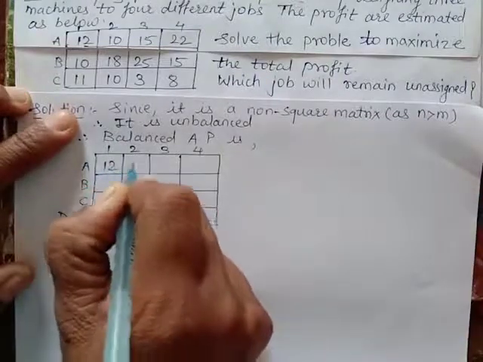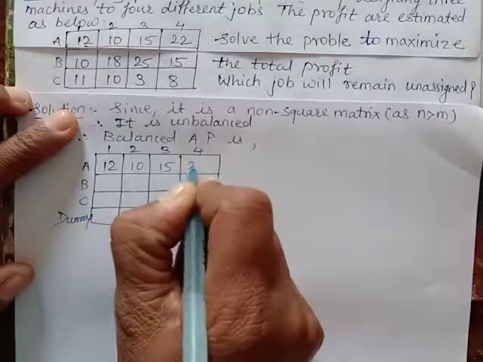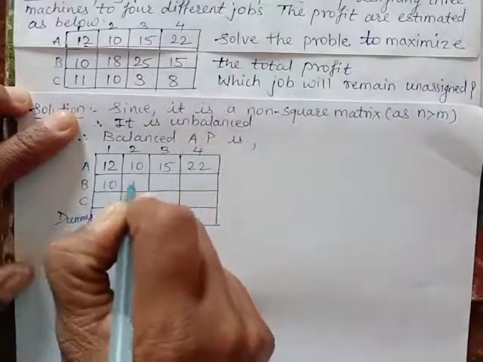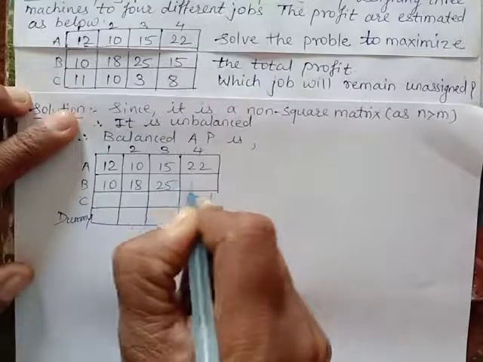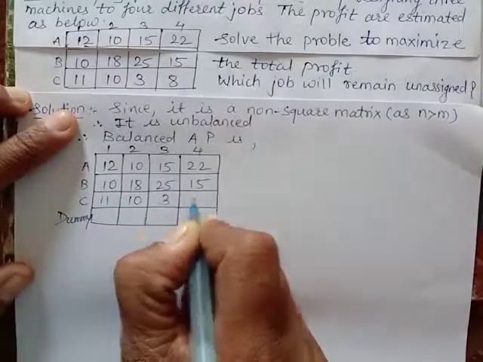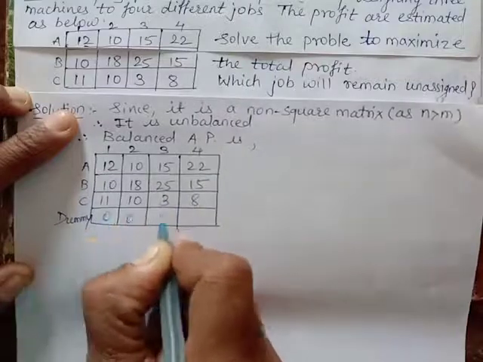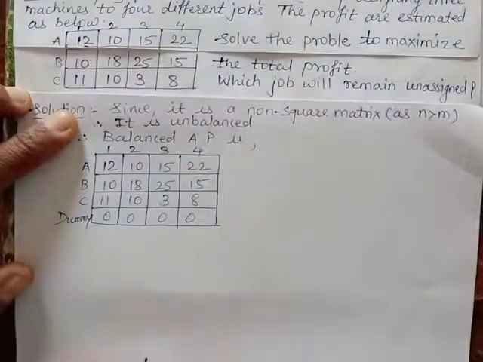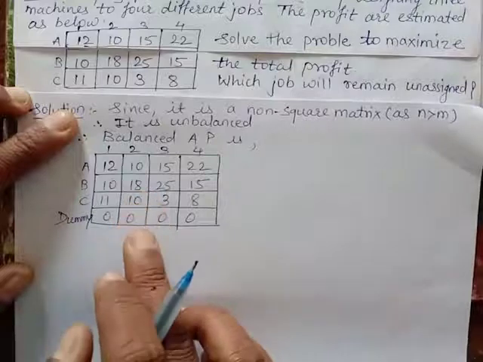So the costs are 12, 10, 15, 22, 10, 18, 25, 15, 11, 10, 3, 8, and the dummy having a cost 0.